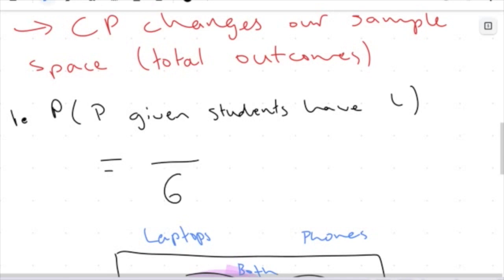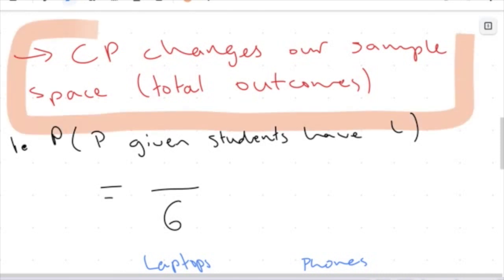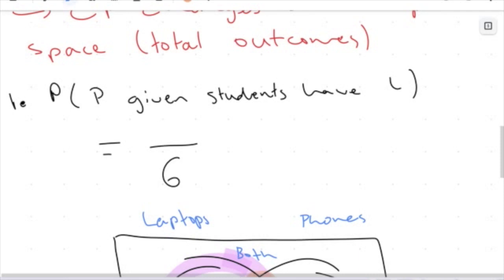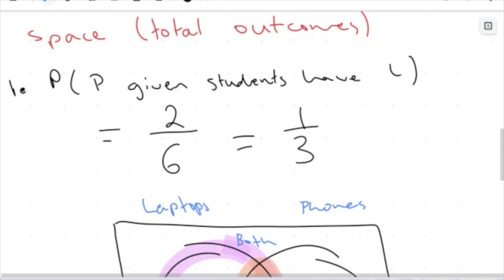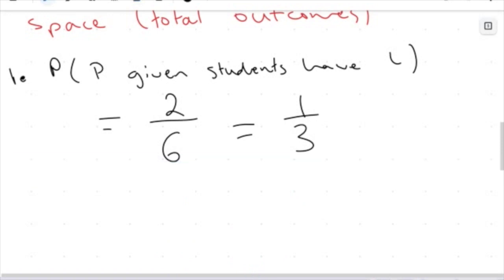That's my new sample space, because remember, our conditional probability changes our sample space. And my students that have phones, given they have laptops, so the numerator is going to be the overlapping intersection of the 2 circles here. So that gives me this.